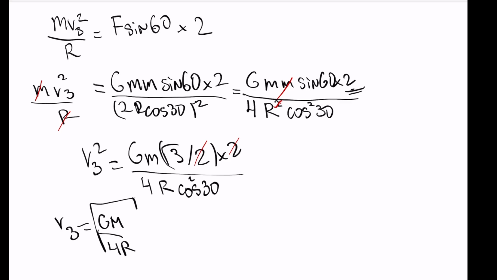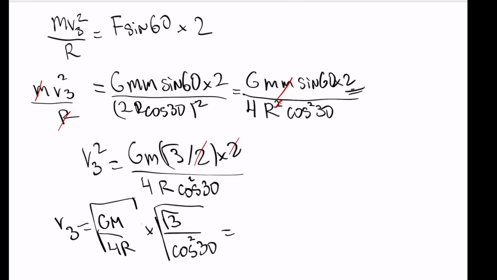Notice that this here is essentially our v2 multiplied by what we have left up here, and this whole thing is square rooted: the square root of 3, nothing else at the top, and then we just have a factor of cos squared 30.